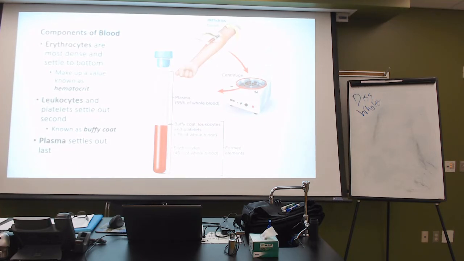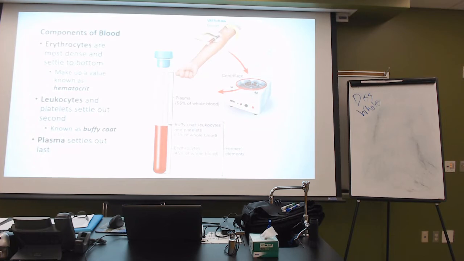Okay? So, in looking at the components, we're going to see that the red blood cells settle out first, and they make up what is known as a hematocrit, a count. All right? The next thing would be those white blood cells. They refer to this as the buffy coat.